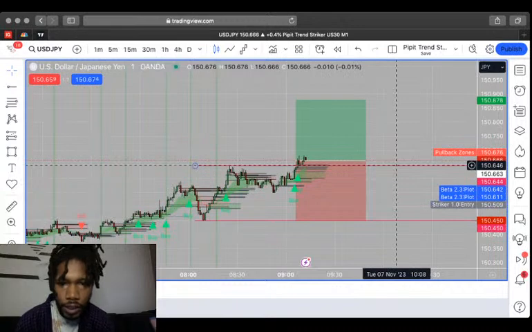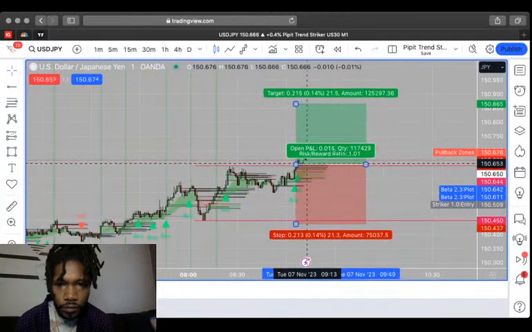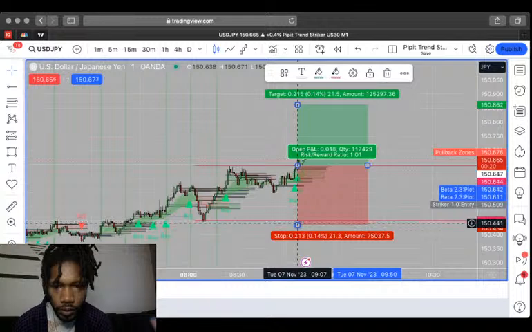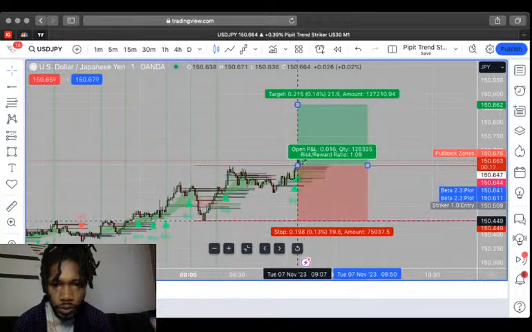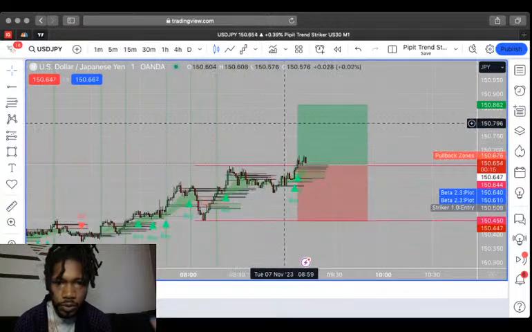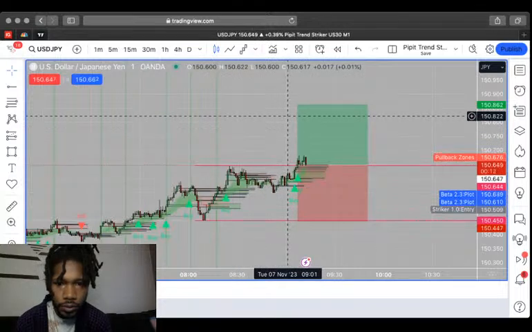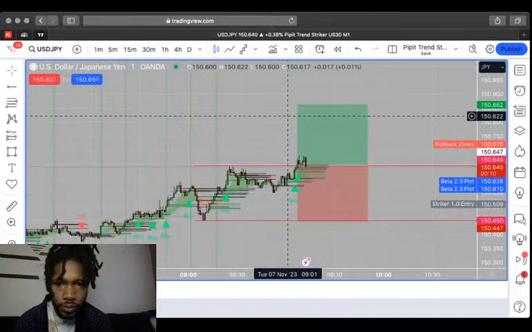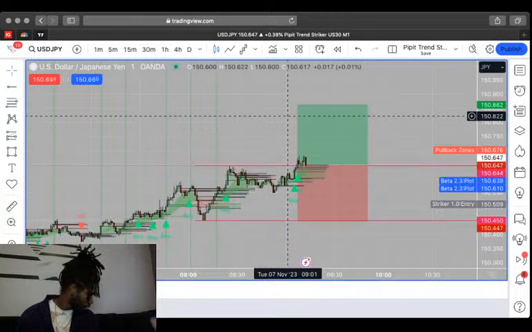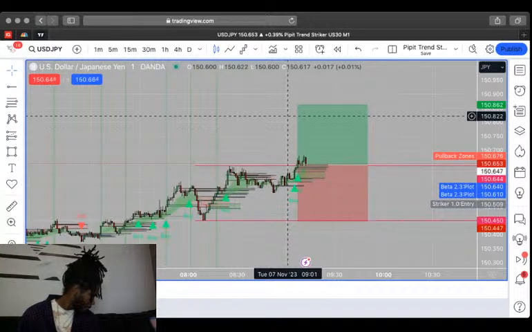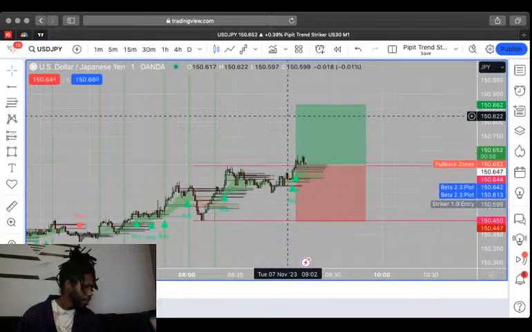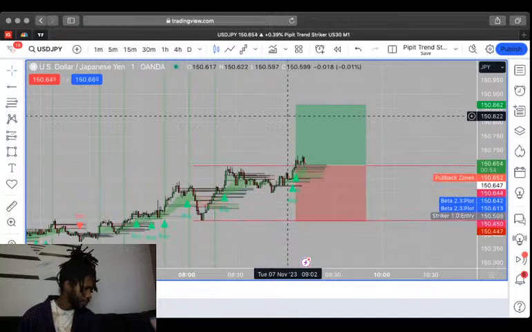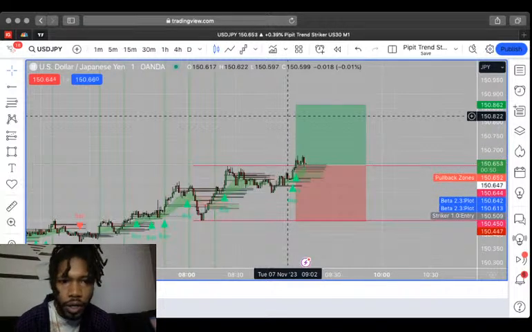All right, so I set a pending for this level actually to take it up. 20 pips, only 20 pips. And my pending has been executed. All right, so we are in UJ right now.